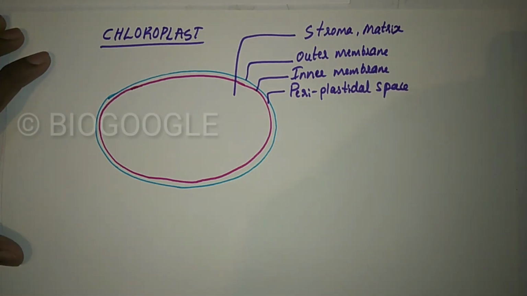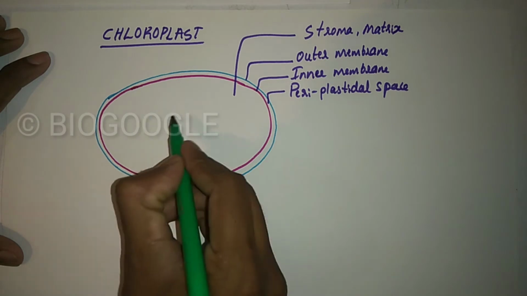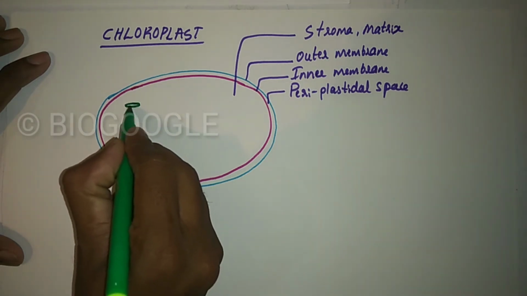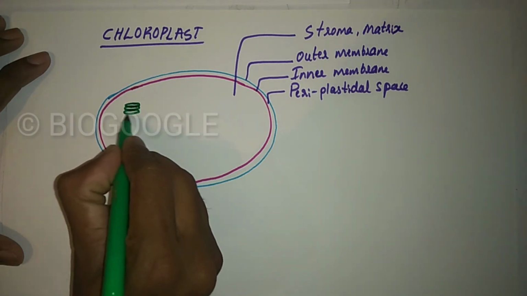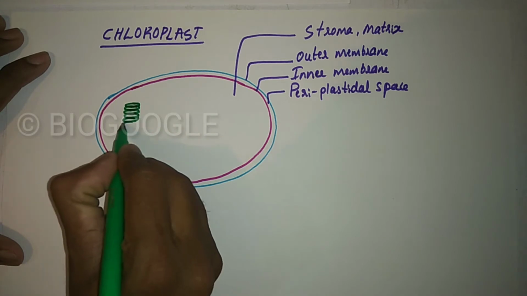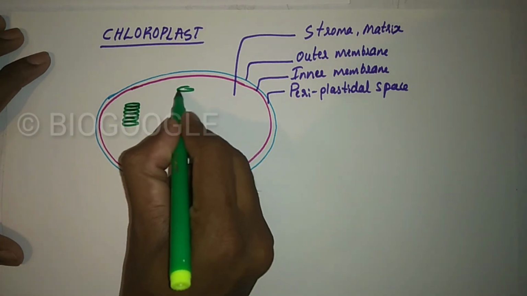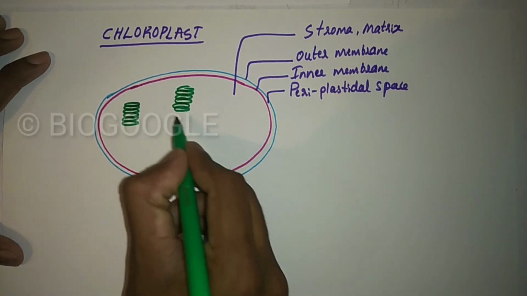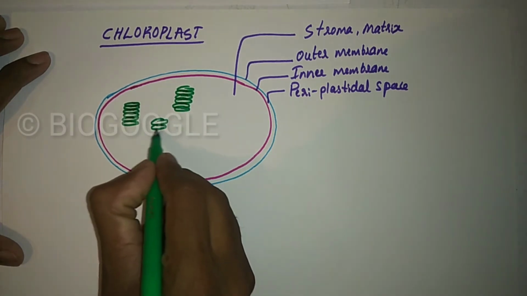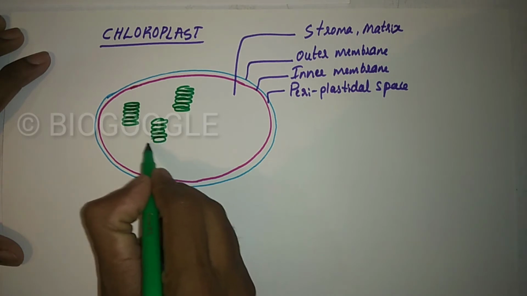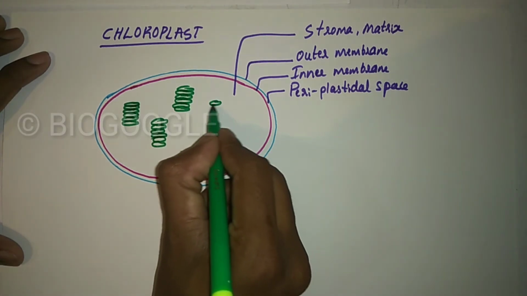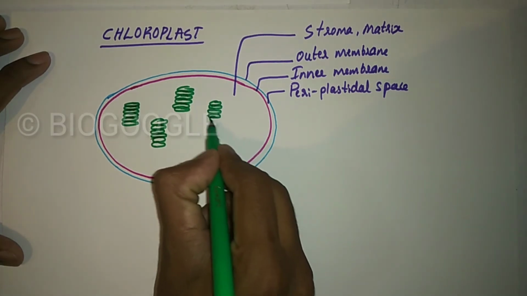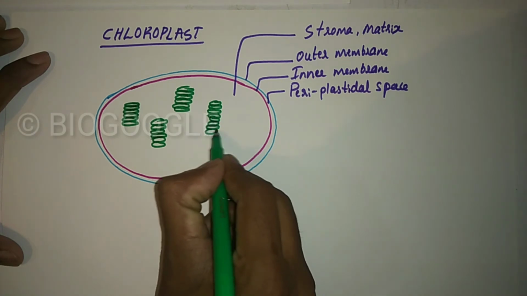Inside the matrix there are small sac-like structures arranged one above the other. There are many groups of these sac-like structures in each chloroplast. Each chloroplast has one to hundreds, thousands of these sac-like structural groups, right?